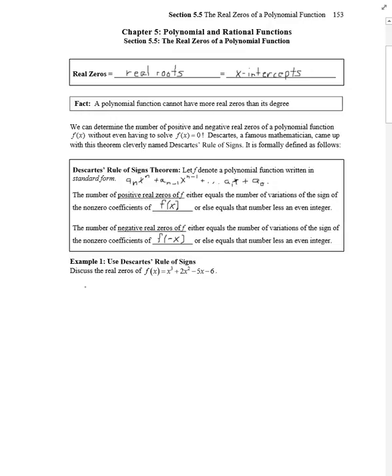So what does that mean? Well, let's look at this example here. We have x cubed plus 2x squared minus 5x minus 6. So we're going to count the number of sign changes. Positive to positive, that's not a sign change. Positive to negative, that is a sign change. And then negative to negative is not a sign change.